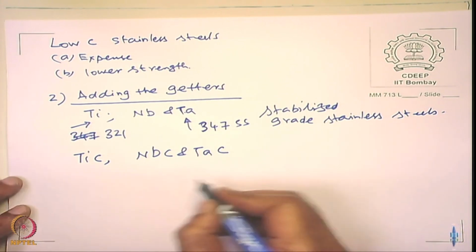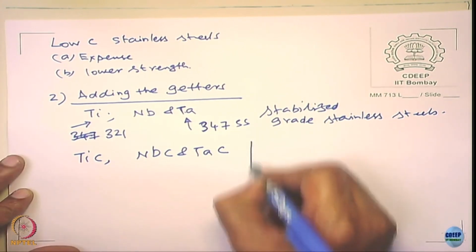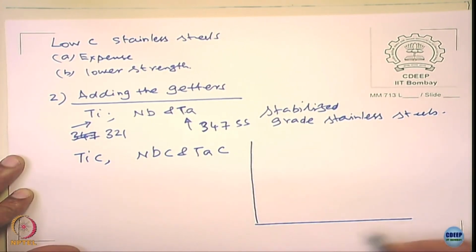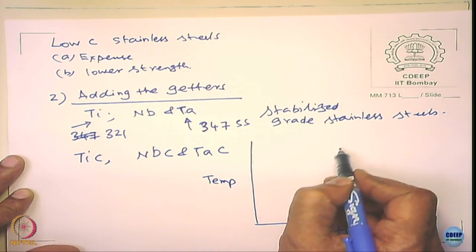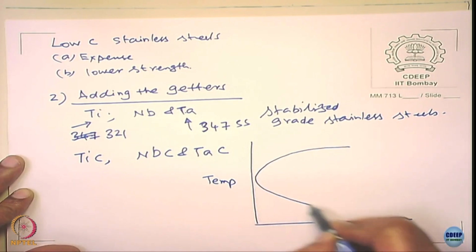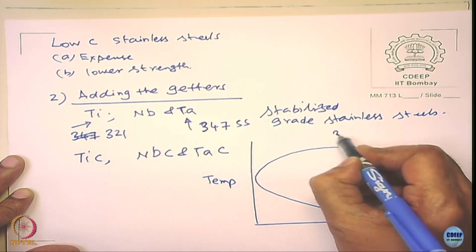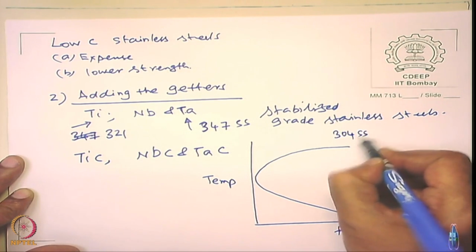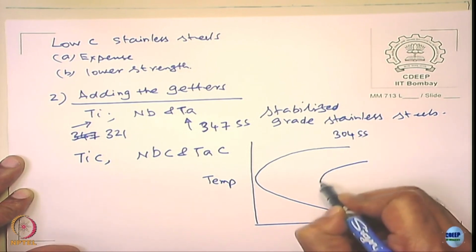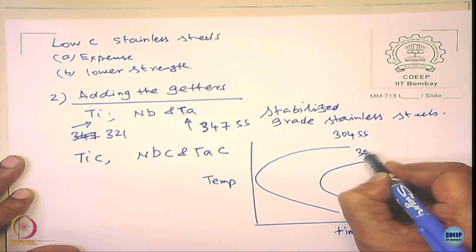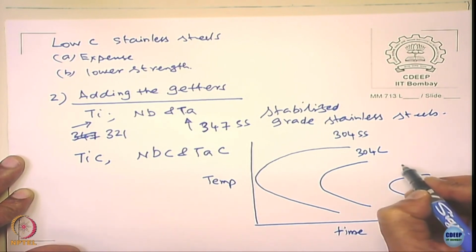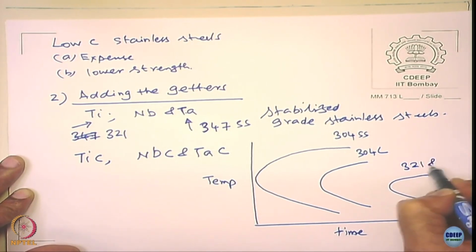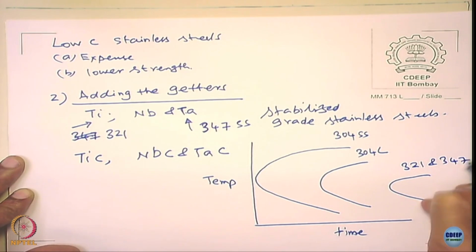Okay. So, if you can plot this 304, your 304L, and this is going to be your 321 and 347.